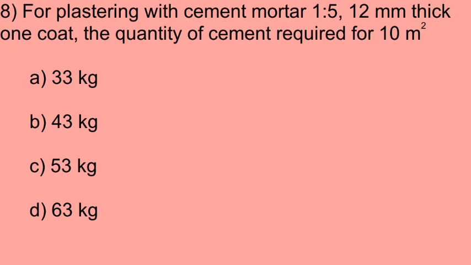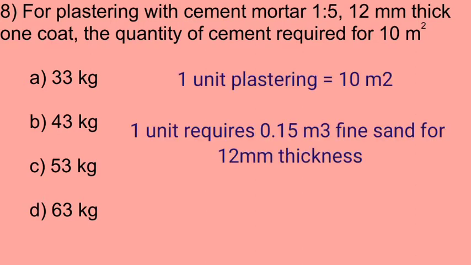We know that the thickness of plastering here is 12 mm. For plastering 1 unit with 12 mm thickness, the volume of fine aggregate is 0.15 cubic meter. Listen carefully. The volume of fine aggregate required for plastering 1 unit, that is 10 meter square, with 12 mm thickness is 0.15 cubic meter.